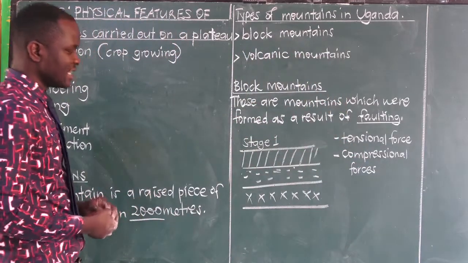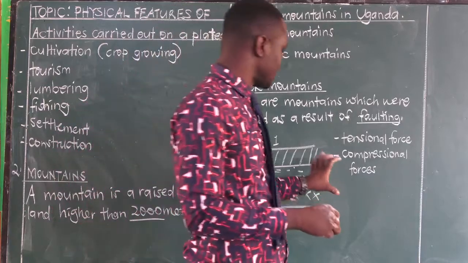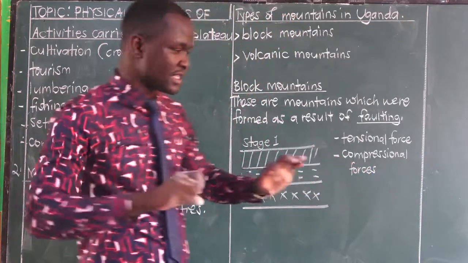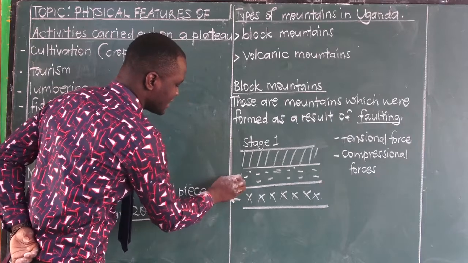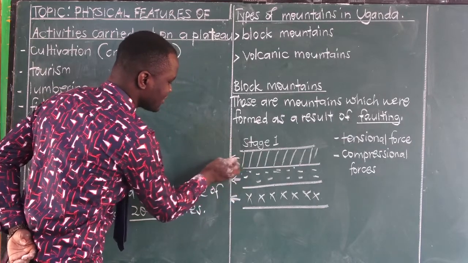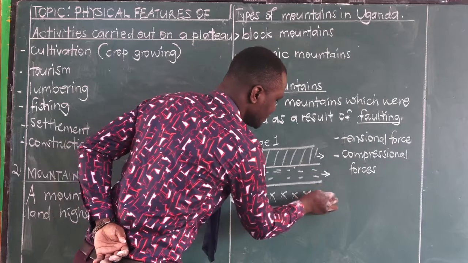The difference is tensional forces pulled this earth crust aside or sideways, which means we can have the forces drawn like this. When you see this kind of a drawing, you know this one is representing tensional forces.